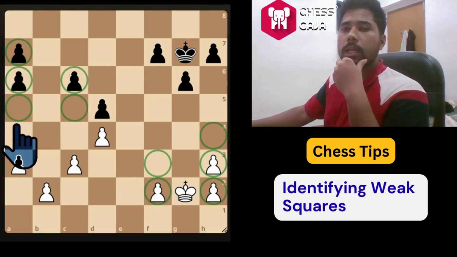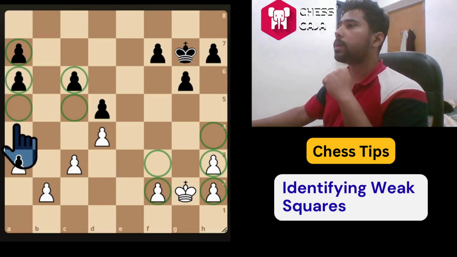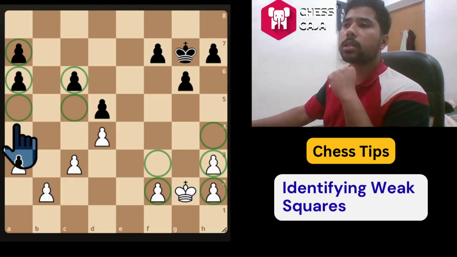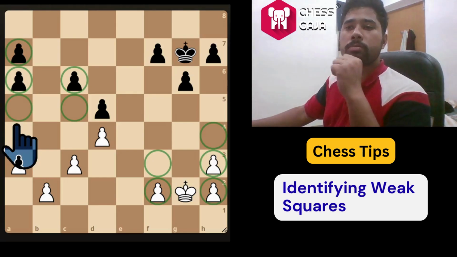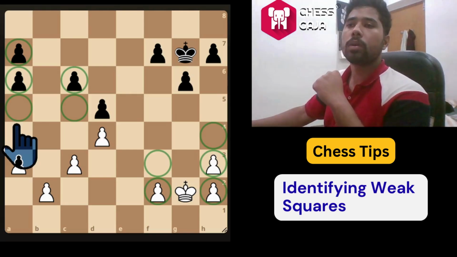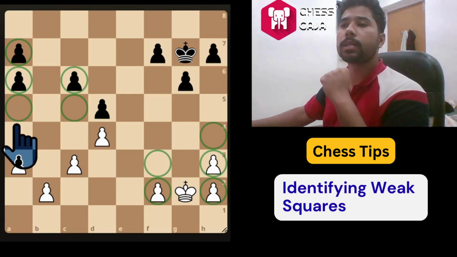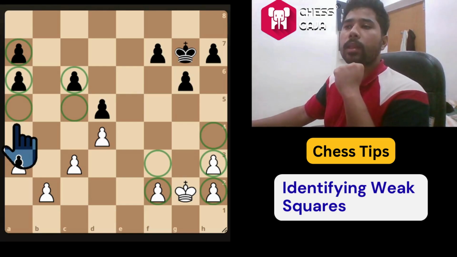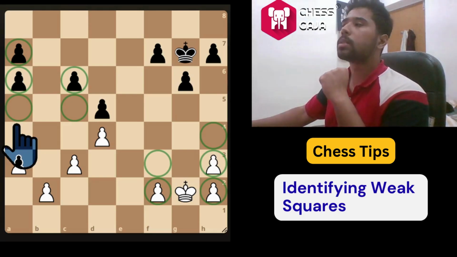Similarly, there is another kind of weak square, which is a potential weak square. A potential weak square is a square which may not be weak now, but as the game progresses it can be occupied smartly by the pieces of a player and made weak in the process.